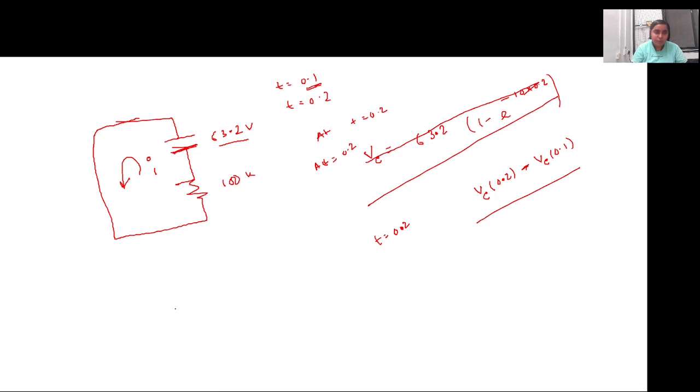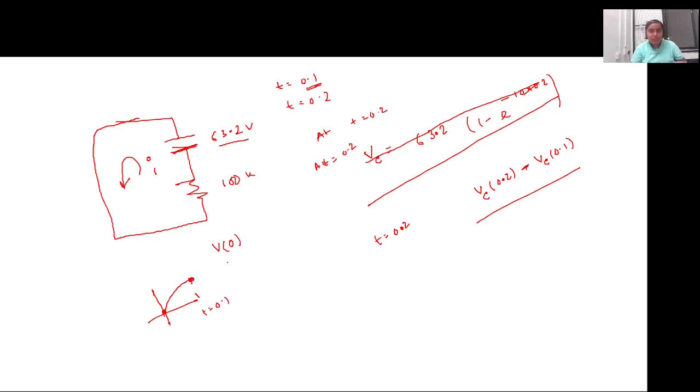So t equal to 0.1 you have already calculated. Initially at t equal to 0 the capacitor voltage was not there, then at t equal to 0.1 the initial v of 0 is no longer 0, it has a certain value, right?